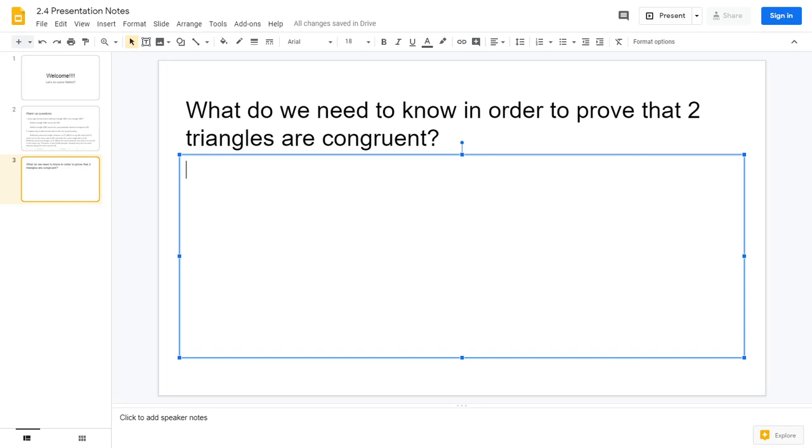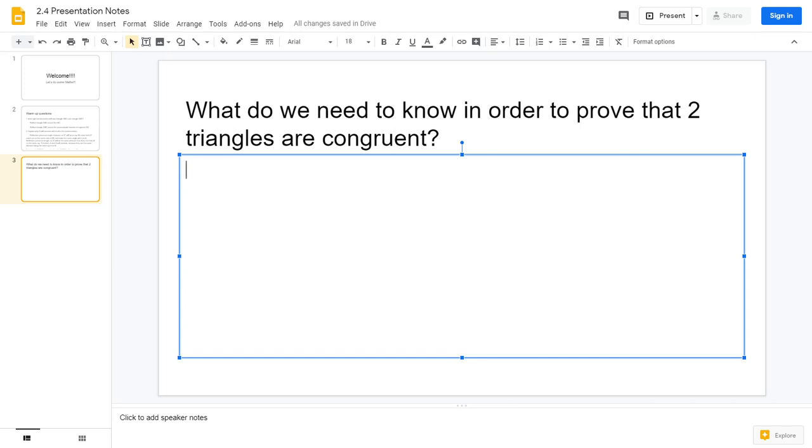So what we want to do is start developing some conjectures. Exactly how many bits of information do we need, and what is that information, in order to prove that 2 triangles are congruent? So let's try making a triangle.